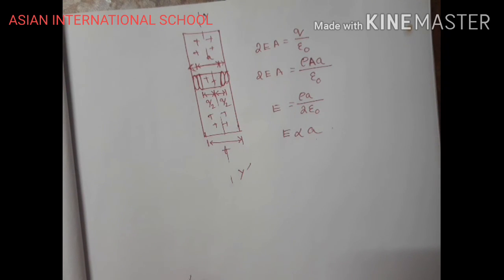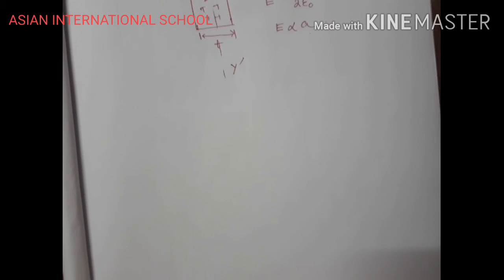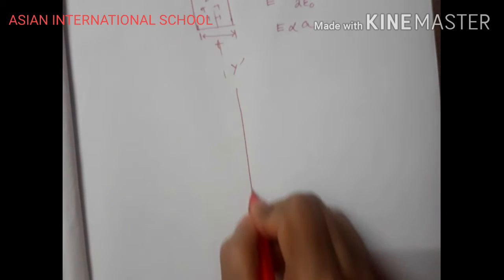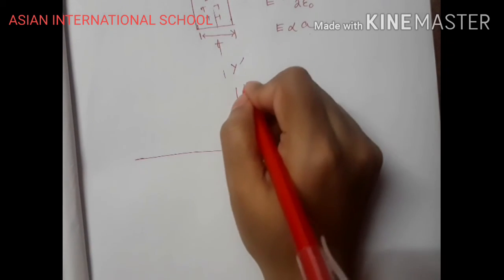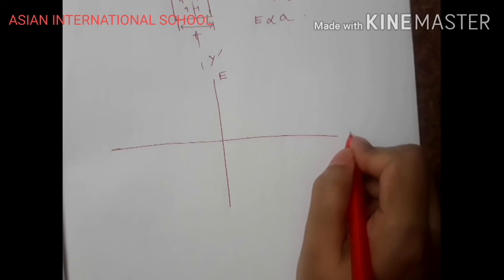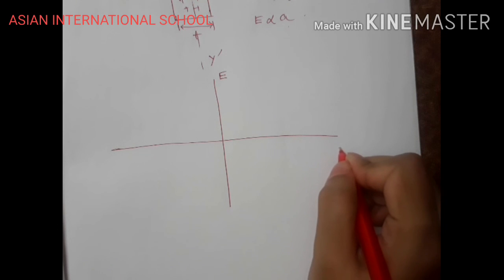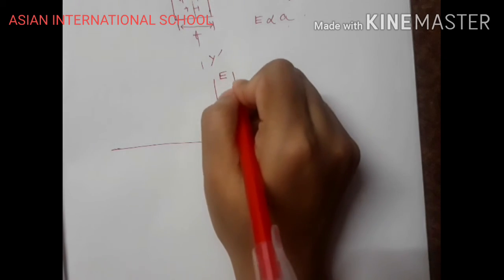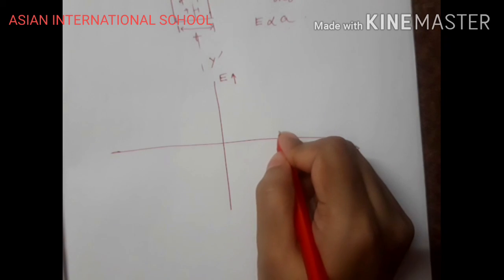constant outside the surface. So if we have to draw the graph for electric field and the distance, for a non-conductor, this axis represents electric field, this represents the distance. I can write it as A as well. Suppose A is the distance and this is the electric field E. So this is A by 2 from central axis.